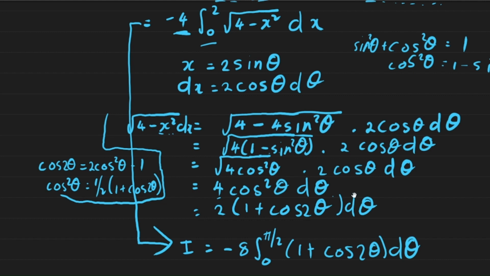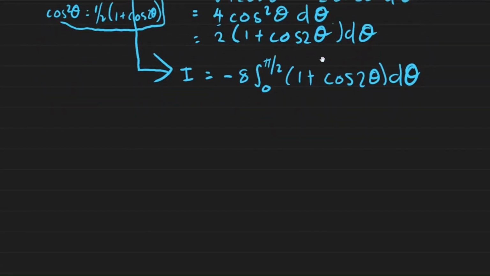Then integrating this, it becomes minus 8 into, well, the integral of 1 is just theta, and the integral of cos 2 theta is, well, the integral of cos is sine, but also remember that we have a function within a function, so we have 2 theta. So sorry, I neglected to write the 2 theta here.